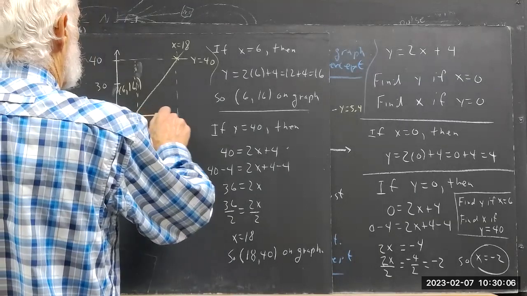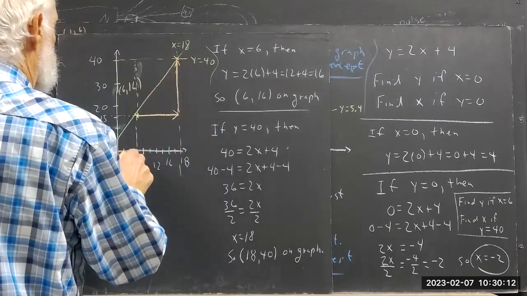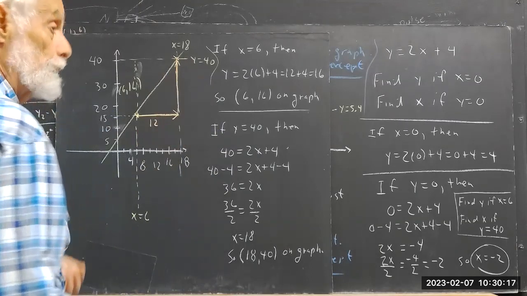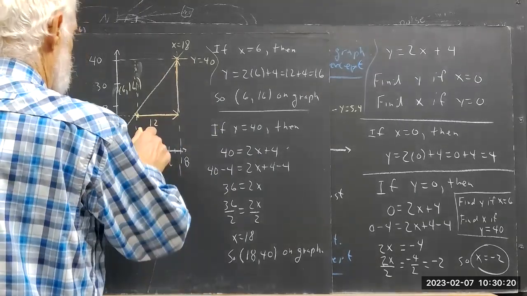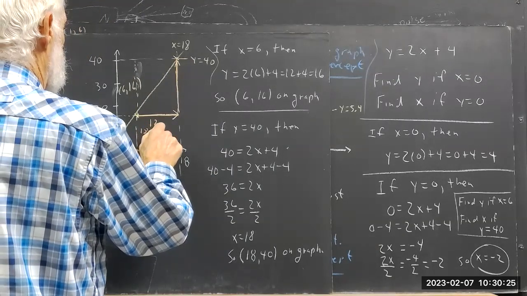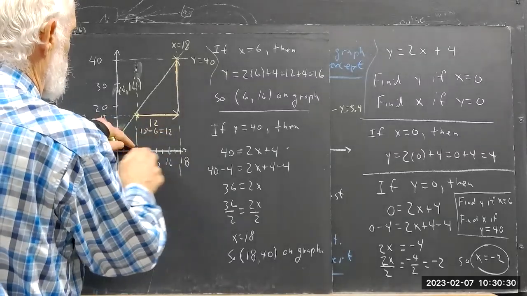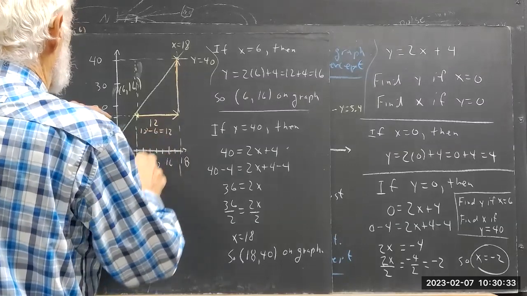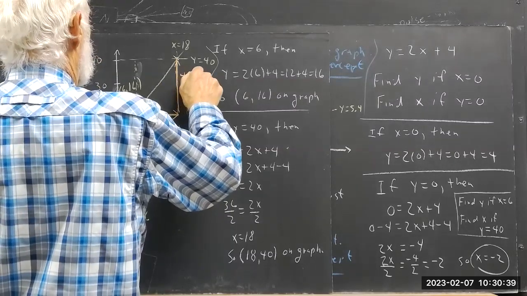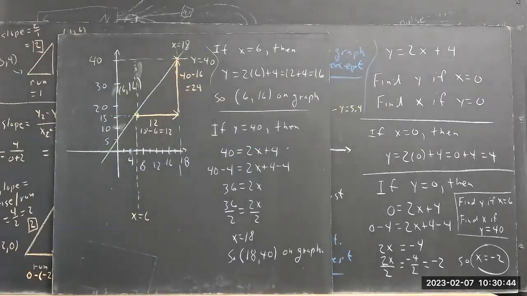Okay, from here to here. We're going from 6 to 18, so this is 12 units. 18 minus 6 equals 12. Then we're going from 16 up to 40. So we get 40 minus 16 equals 24.